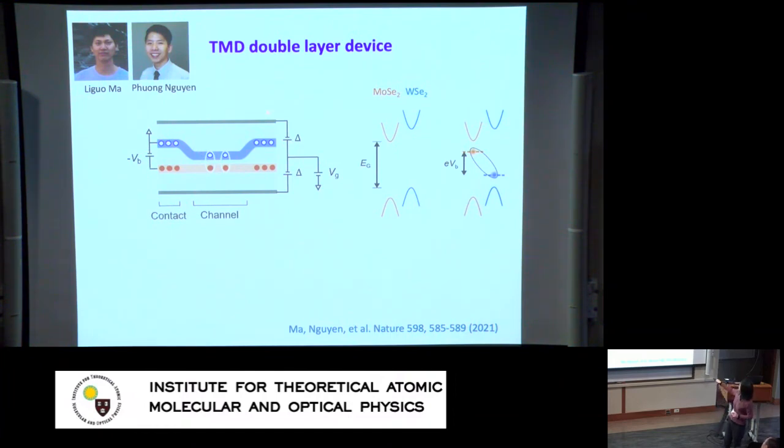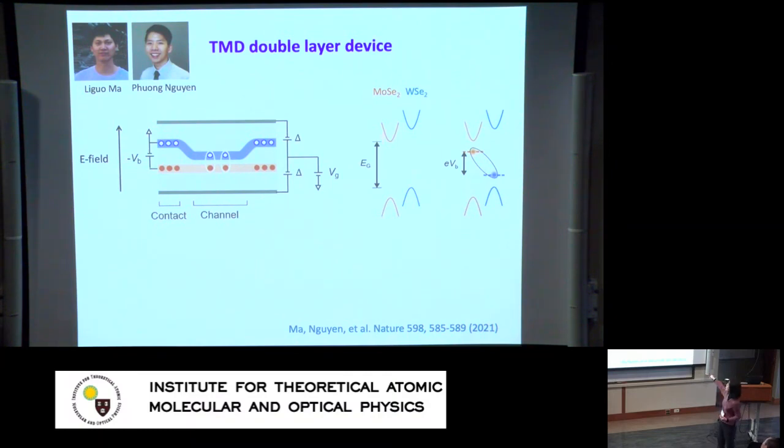And one of those two gate voltages, this delta, will give us a vertical electric field. That vertical electric field will put those two layers at different potential. And right here, because the separation is big, you can shift the bands quite a lot, so you can heavily dope this. But in the middle, you don't shift the band too much, but you still reduce the band gap somewhat.